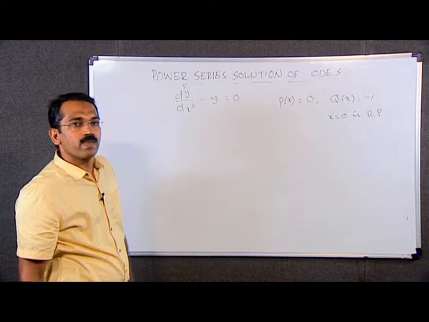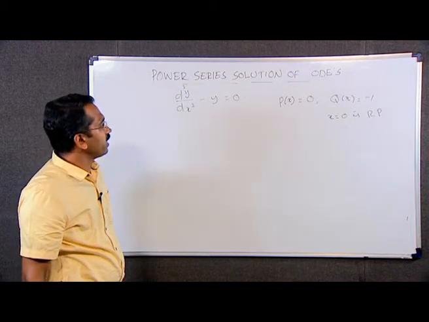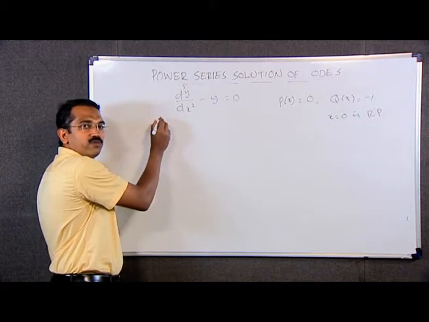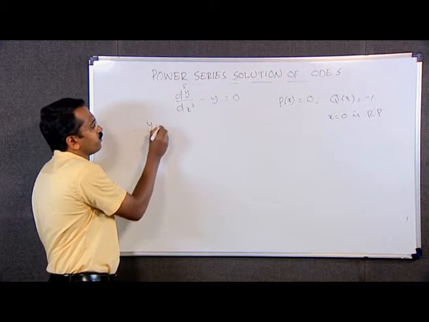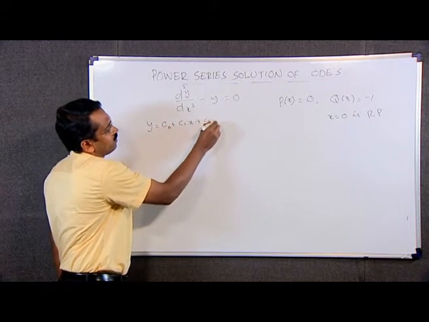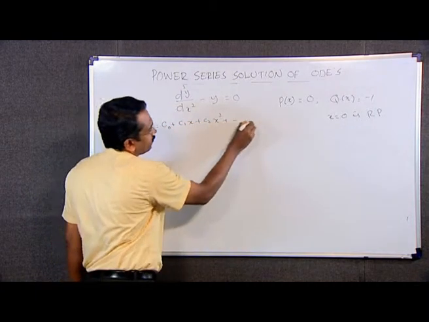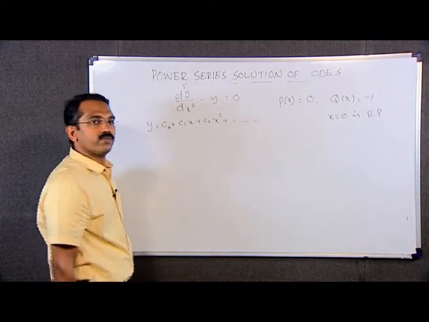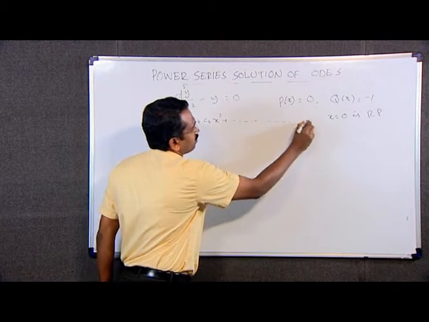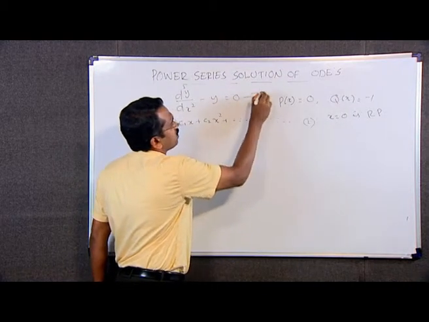Therefore, we can write the solution in the form y is equal to c0 plus c1 x plus c2 x square plus etc. Let it be named as equation number 2. The given equation is 1.